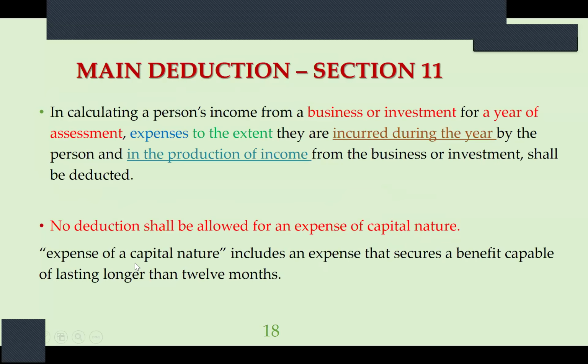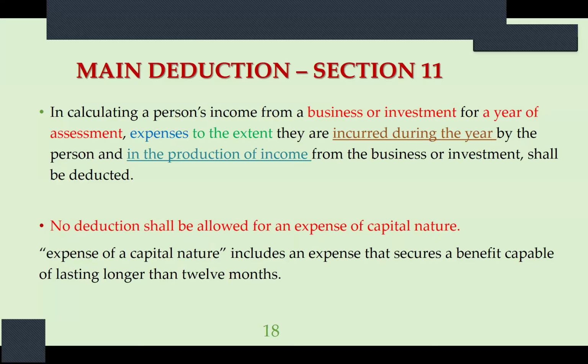What is the meaning of capital nature? An expense of a capital nature includes an expense that secures a benefit capable of lasting longer than 12 months. That means if the benefit of that expenditure lasts longer than 12 months, we consider that expenditure as capital nature.